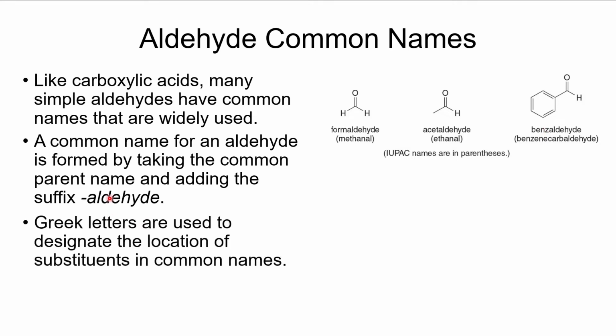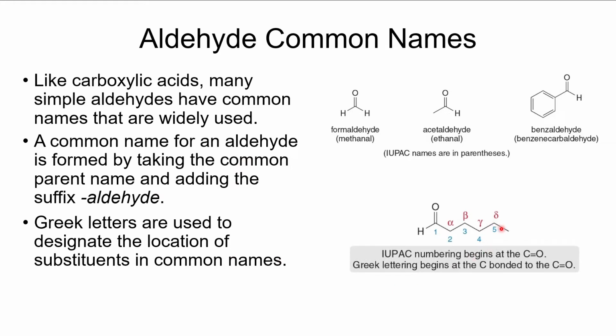All right. If we use the common nomenclature, then we often will use Greek letters to indicate where the substituents are. Those Greek letters, alpha, beta, gamma, delta, and you can go further.